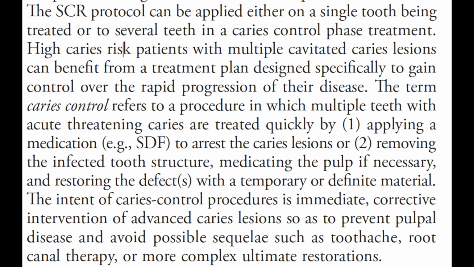The term caries control refers to a procedure in which multiple teeth with acute threatening caries are treated quickly by application of medication, for example SDF, to arrest the caries lesions, and also by removing the infected tooth structure, medicating the pulp if necessary, and restoring the defects with temporary or definite material.